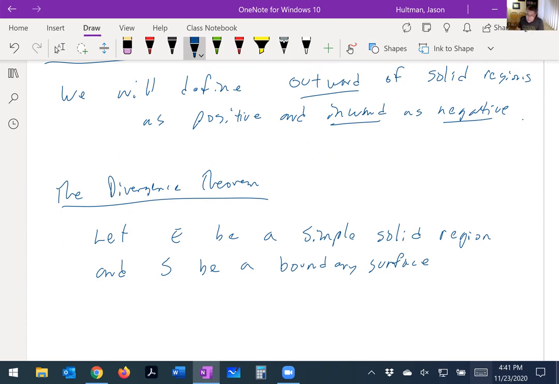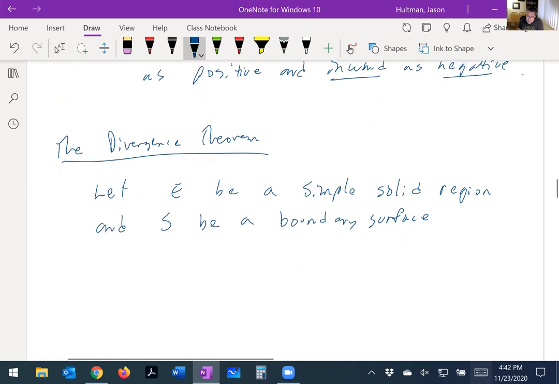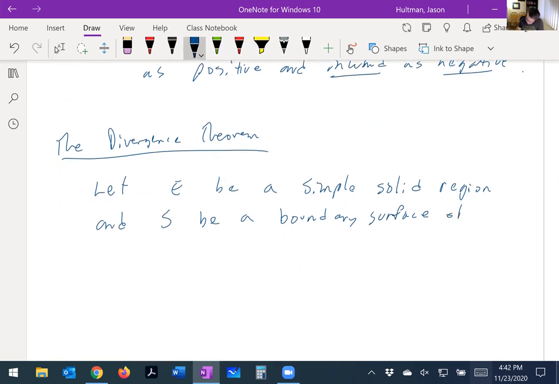Okay, let E be a simple solid region and S be a boundary surface of E with positive outward orientation.